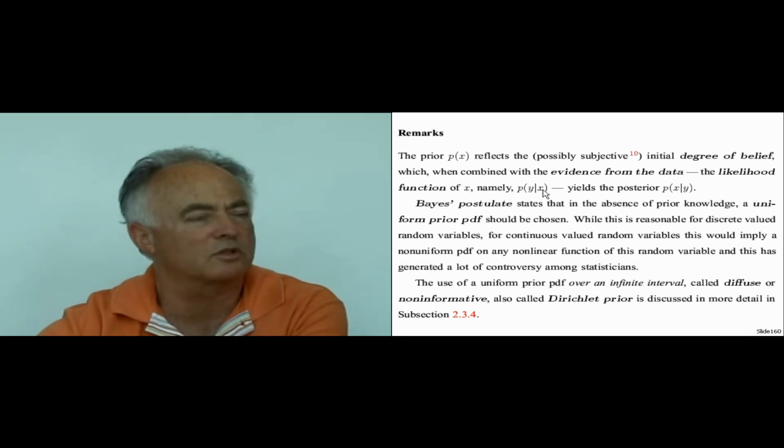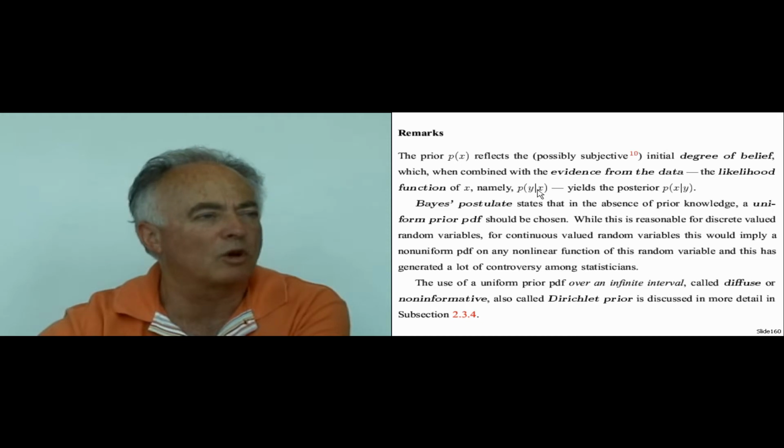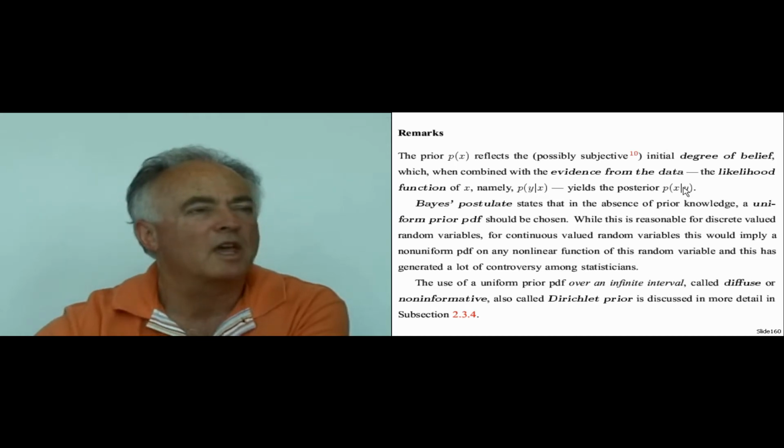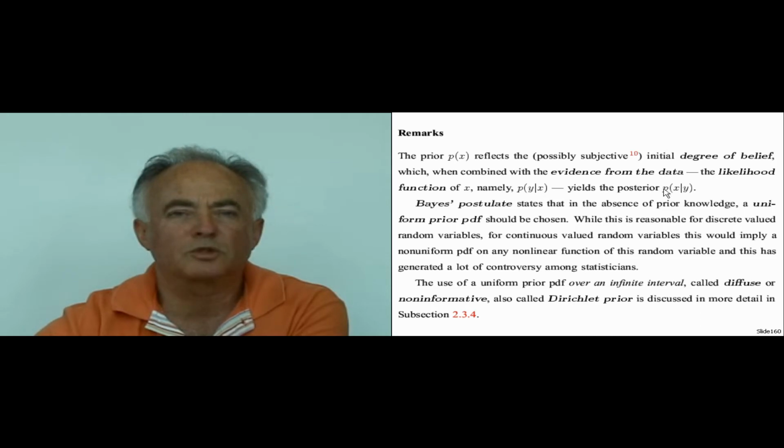We have not seen this term yet, but we'll see it quite often later. So you have a prior. Sometimes you make it up subjectively based on what you believe, based on physical evidence, based on the physics of the problem, and you end up with a posterior about x after you make the observation y.